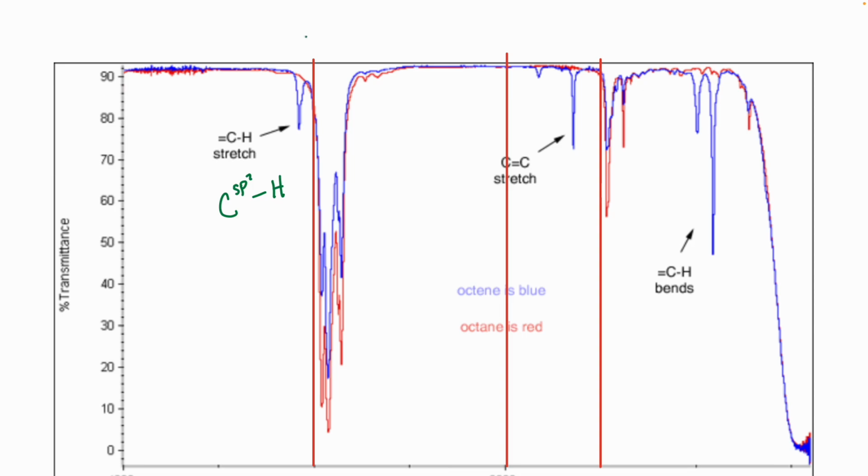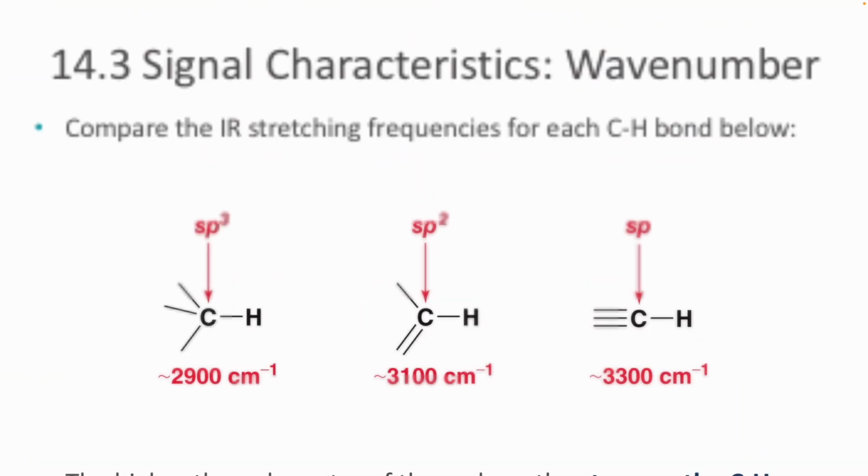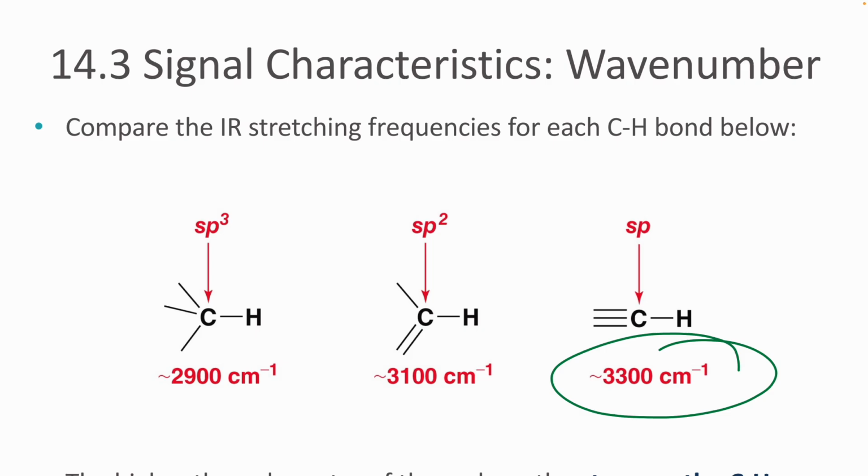All right, so this little mark at 3000 here will distinguish the cluster of peaks that we always see, our sp3 hybridized carbons and hydrogens, from any special ones that we might have. If it was a triple bond, you would just expect to see it shifted even more, right?